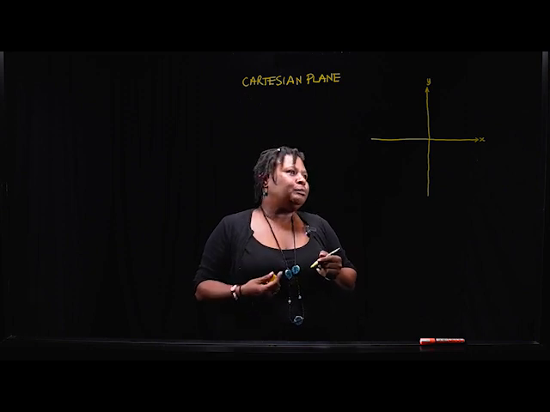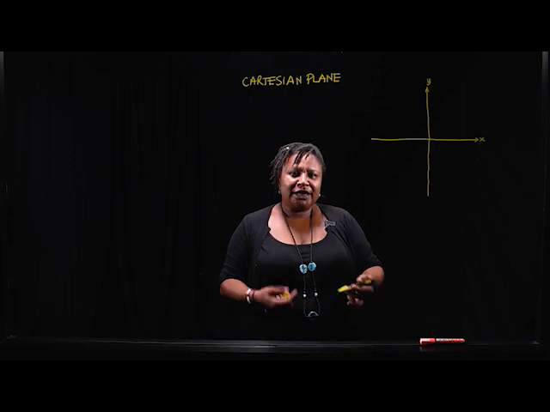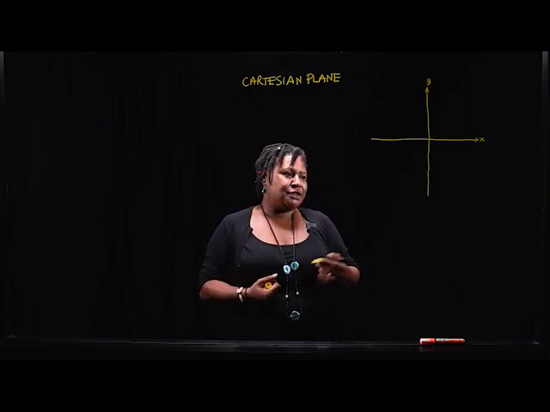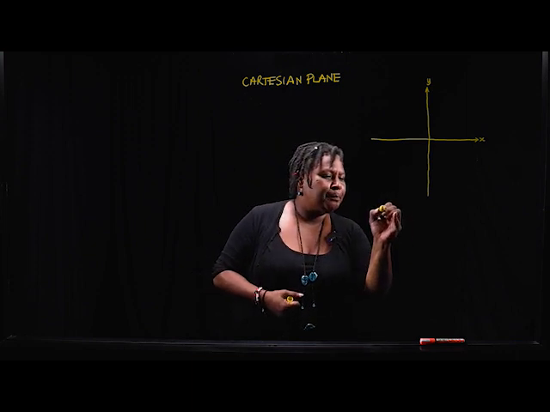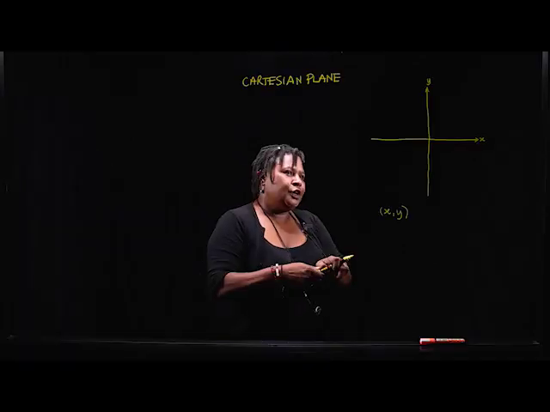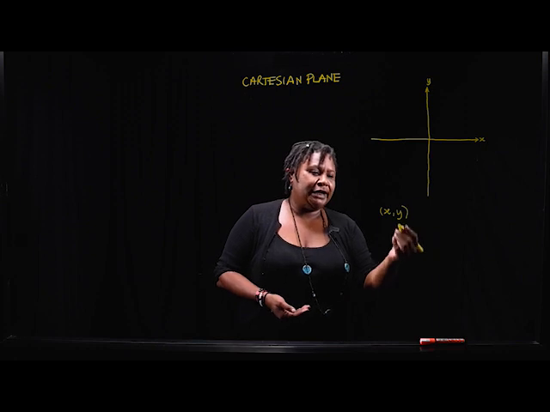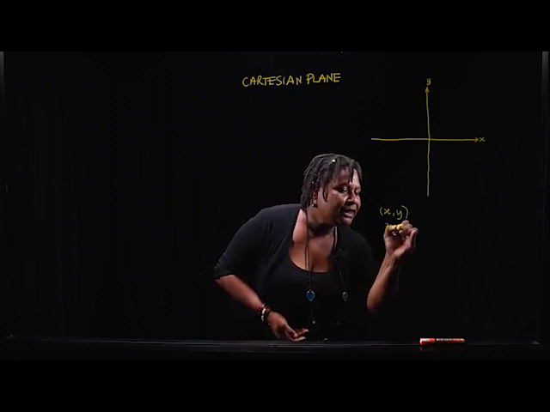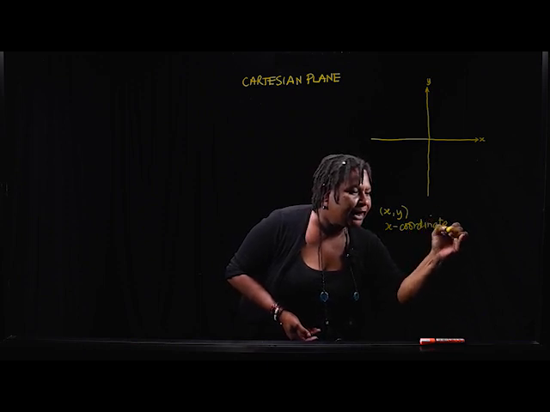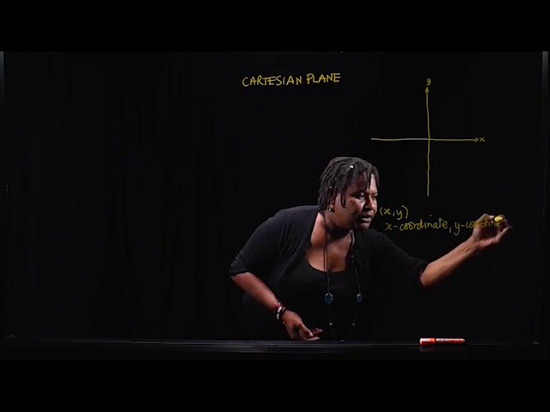Now, when we use the Cartesian plane, we describe a point by using two algebraic terms, x and y. X is the x coordinate of the point, and y is the y coordinate of the point.